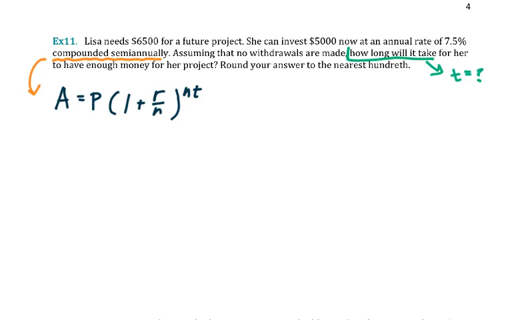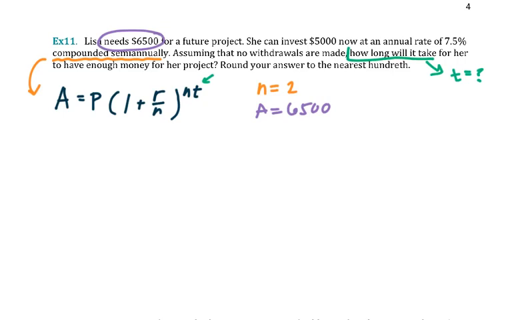So I don't know t, that's what we're looking for. I do know what my n value would be because it's semi-annually. n is going to equal 2. Semi-annually is 2 times a year. So we know how much she needs. We know what the goal or the end amount is. So A equals 6,500.